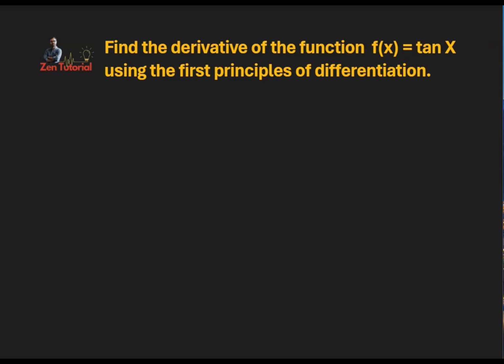So the function is f of x is equal to tan x. By using the first principle of differentiation, f prime of x is equal to limit h tends to 0.